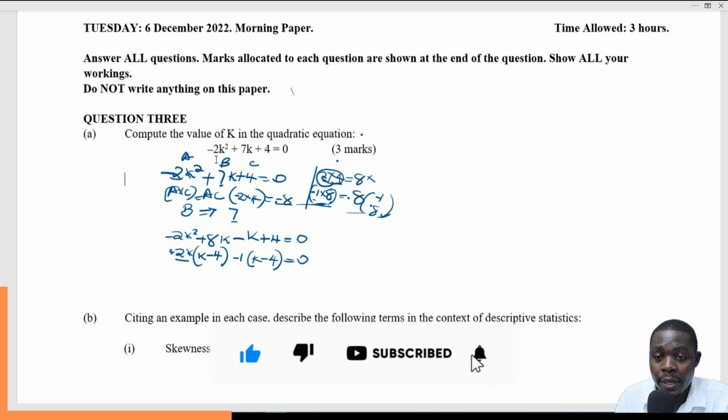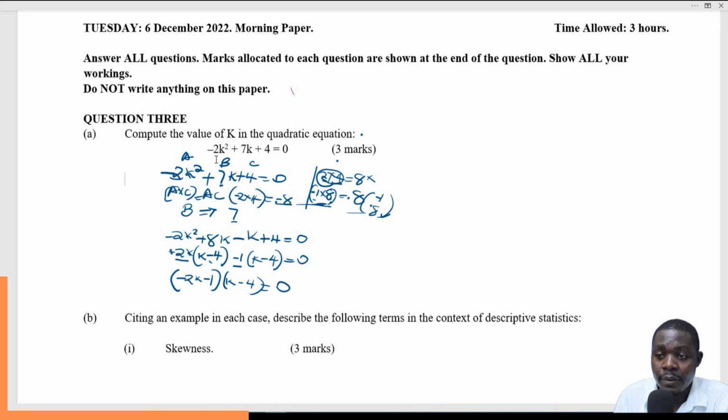Now we can collect this one and this one. We have negative 2k minus 1. Then we pick this one and this one since they look alike. k minus 4 is equal to 0. We can have now negative 2k minus 1 is equal to 0, and k minus 4 is equal to 0.